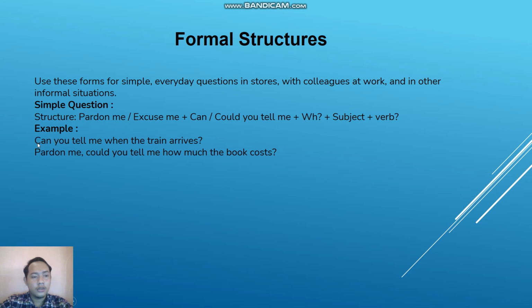Example: Can you tell me when the train arrives? Pardon me, could you tell me how much the book costs? The question is only when the train arrives, or how much the book costs, but before asking the main question, you have to ask for permission first.